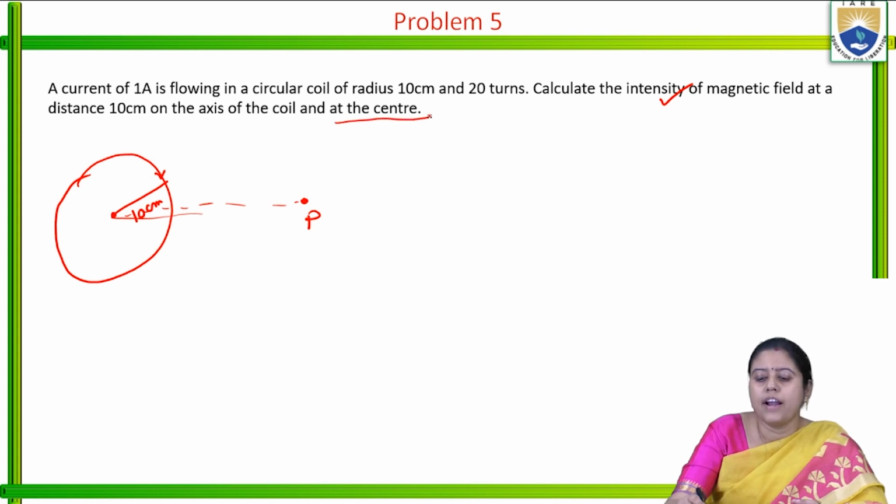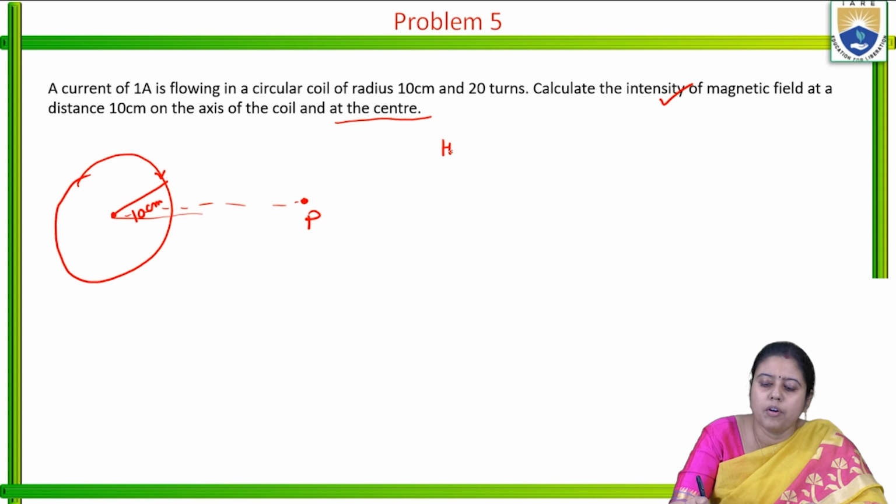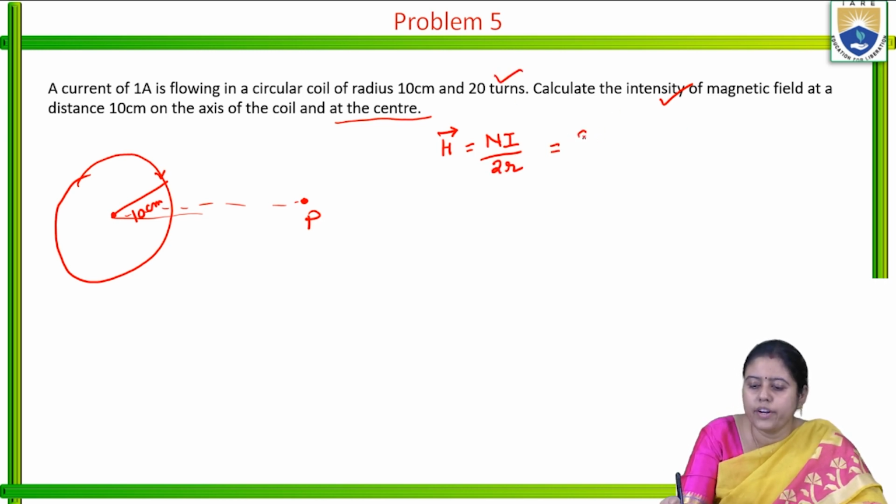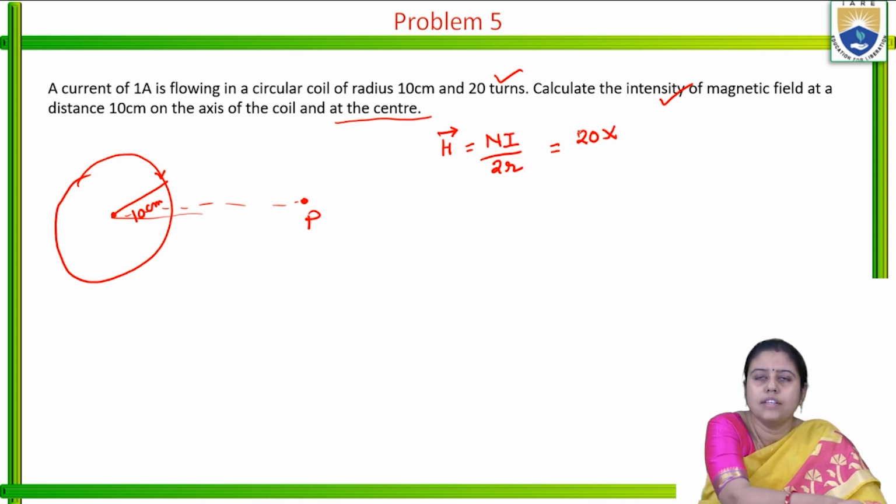First, we will find the formula at the center. What is the formula at the center? H is equal to NI by 2R. N, the number of turns, is given as 20 turns. I is given as 1 ampere.